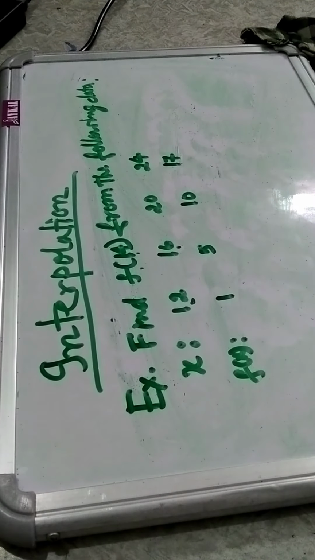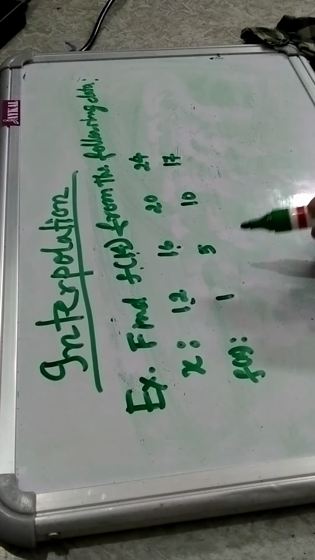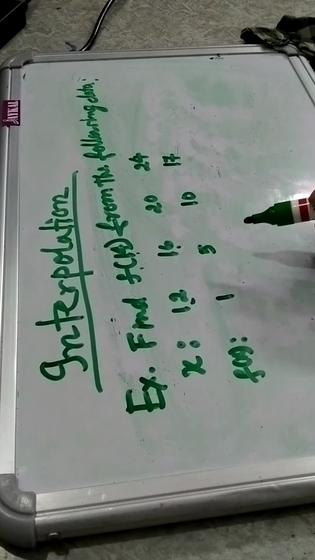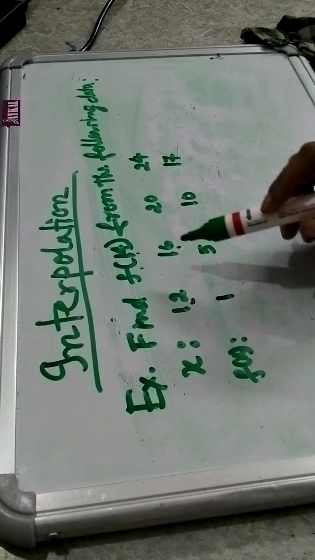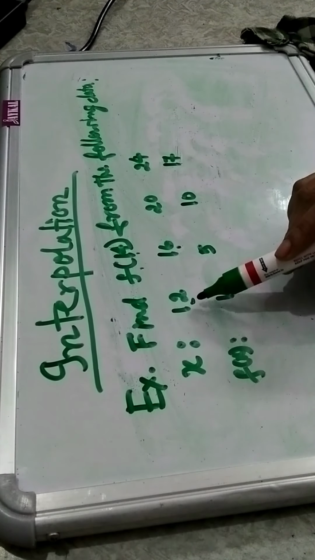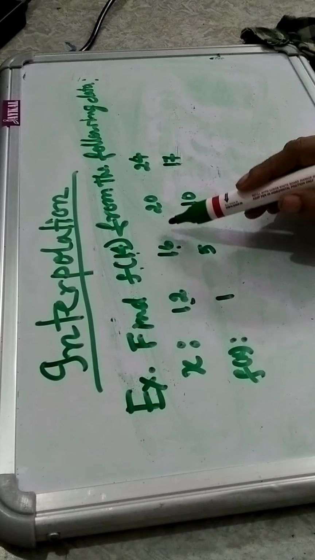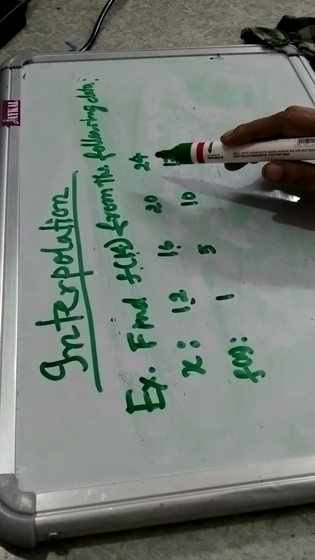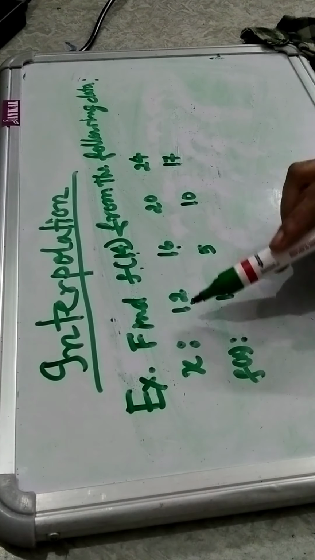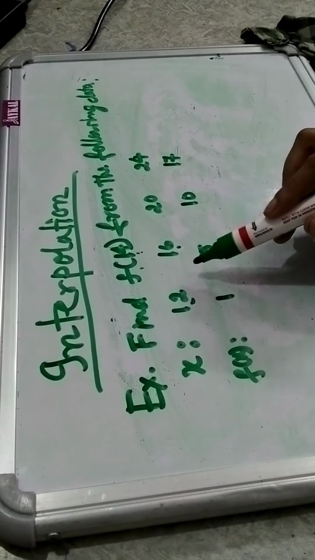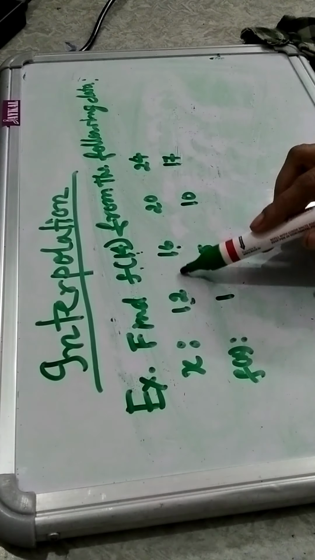Now we use Newton's forward interpolation formula since the values of x are equidistant. Here the interval of differencing is 4. And 14 lies in the beginning of the x series.